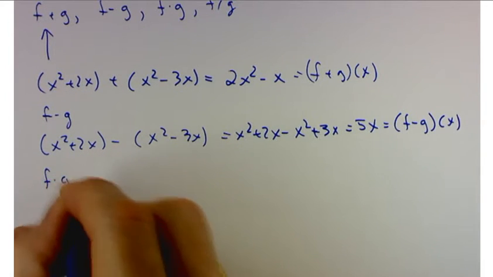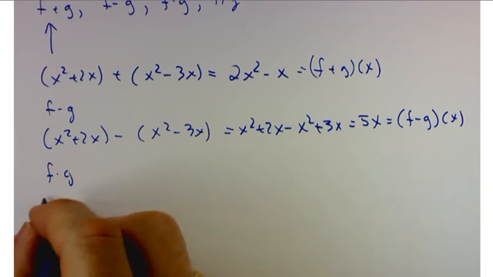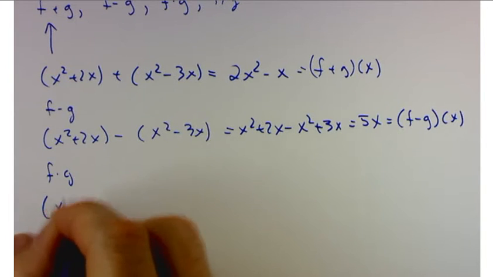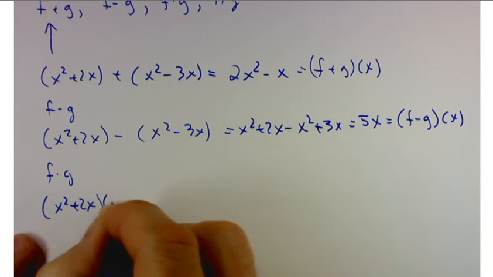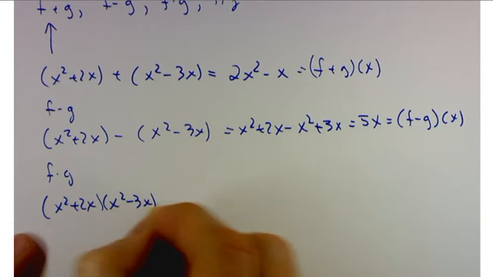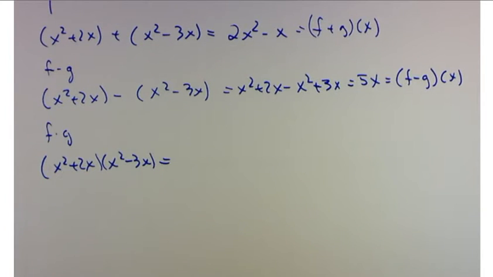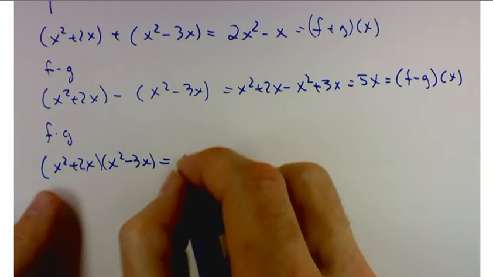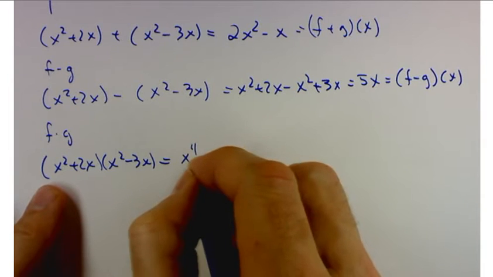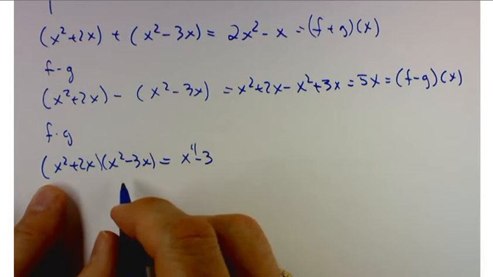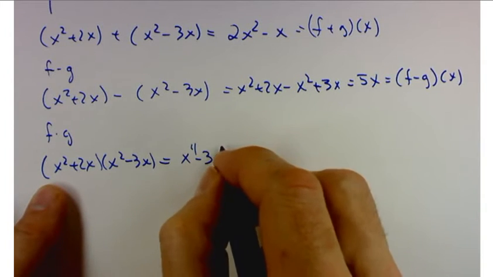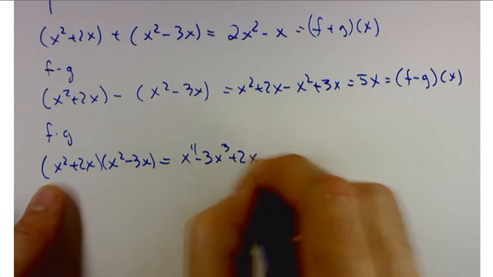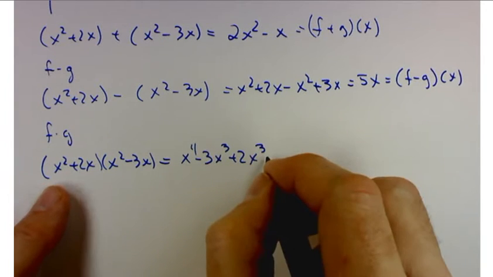Continuing with f times g of x, that's going to be x squared plus 2x times x squared minus 3x. What operation are we going to have to do in working with this one? Yeah, FOIL. x to the fourth, plus 2x cubed, and then the last term.